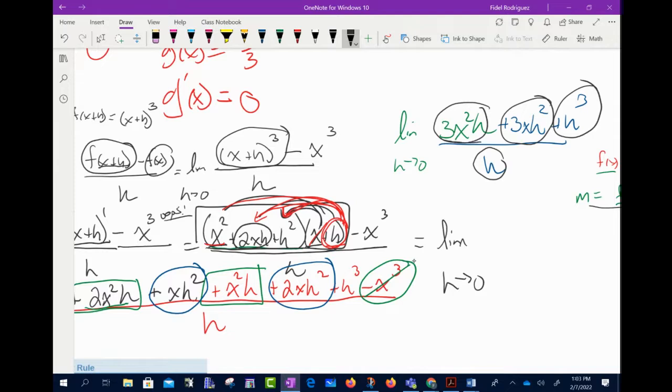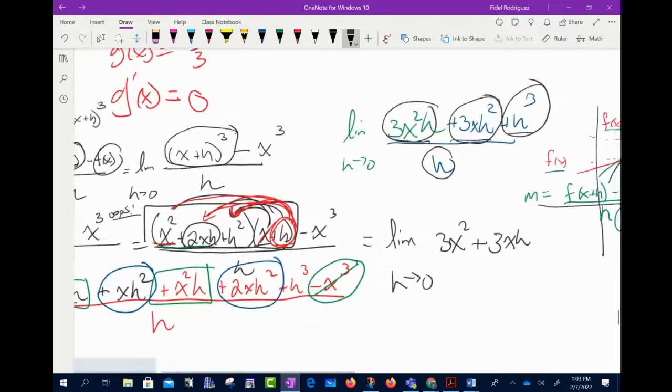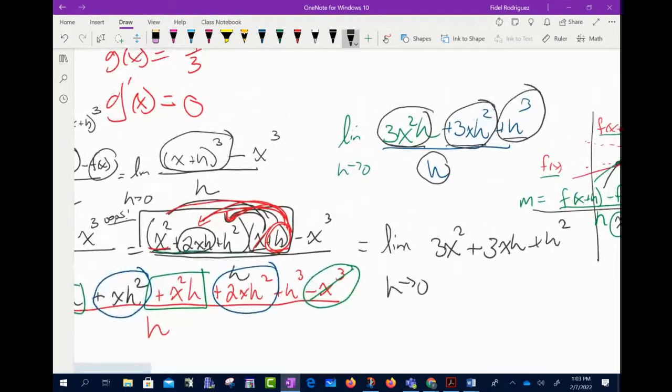So if we divide this first one by h, what are we going to end up with? 3x squared. Very good. Plus, if we divide the second one by h, what are we going to end up with? 3xh. Excellent. And if we divide the last one by h, what are we going to end up with? H squared. Good.